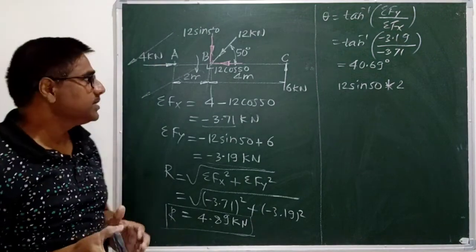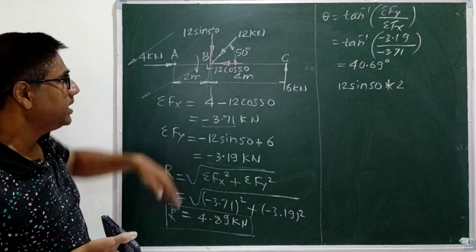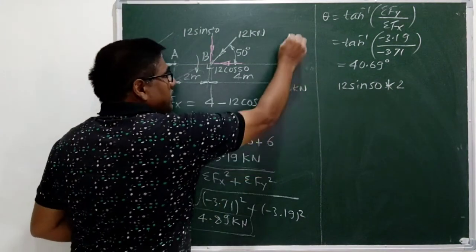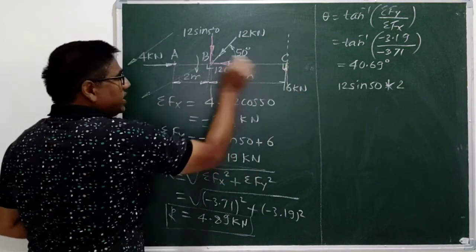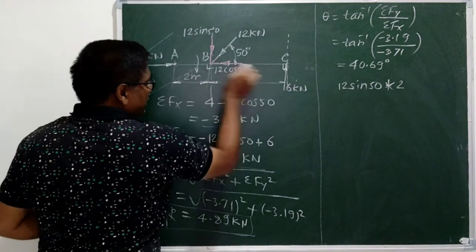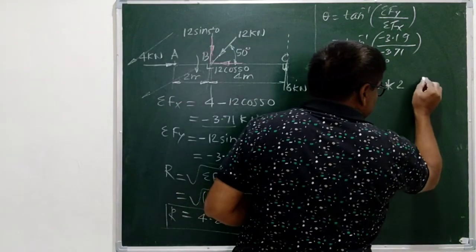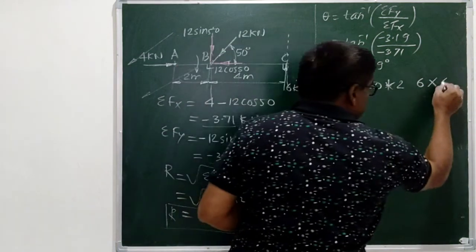Now we shall follow some sign convention for moments. We will take clockwise moment as positive and anti-clockwise moment as negative. Then comes this force. Perpendicular distance between point and line of action of force is, total distance, 6 meters, and magnitude of force is 6 kilonewton. Therefore 6 into 6.